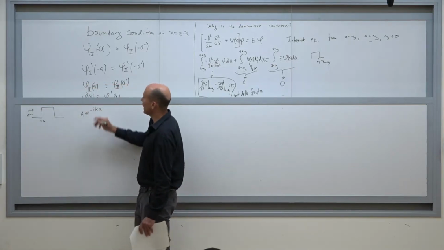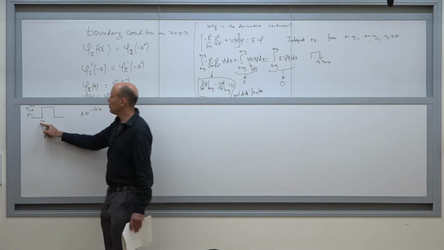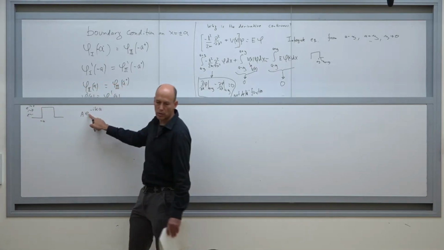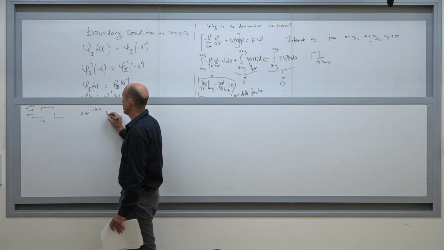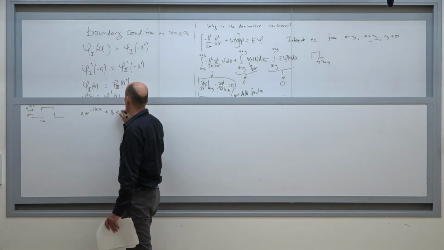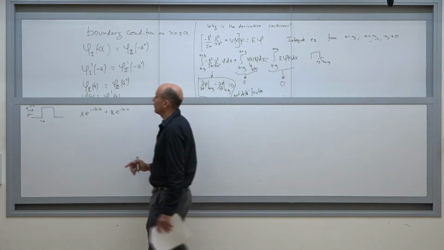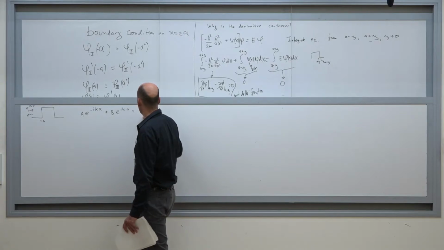So remember, the incoming wave was e to the i k x. Now I plug in minus A, so this plus x turns into minus A. That's the wave function just here. And then here I have a minus k, so this guy will be B e to the i k A. Because I'm working at the point minus A, and this is equal to the B plus exponential.